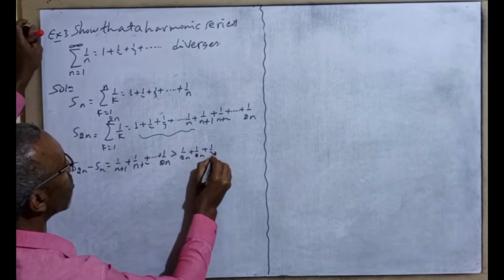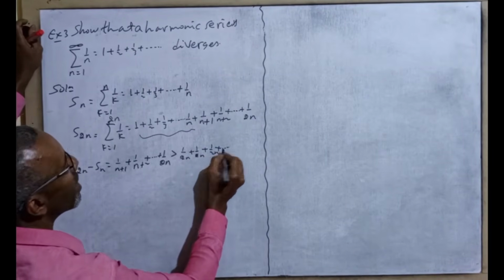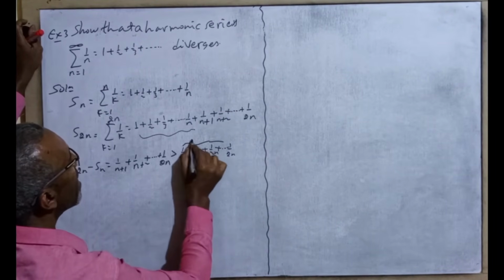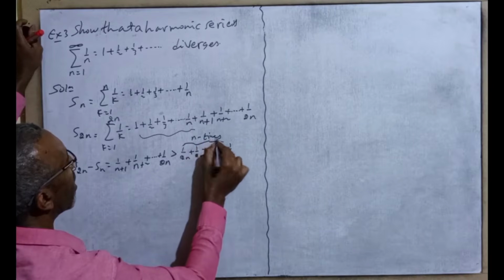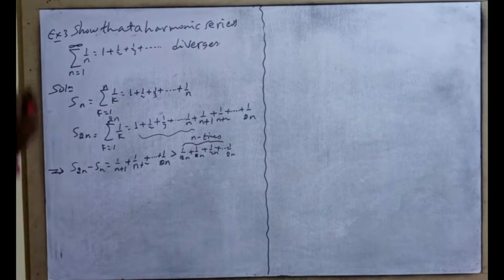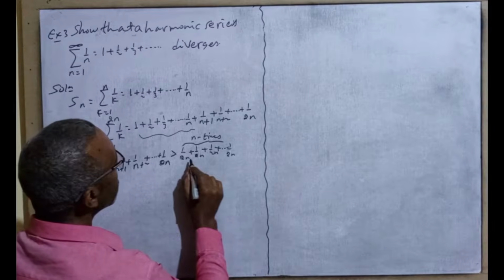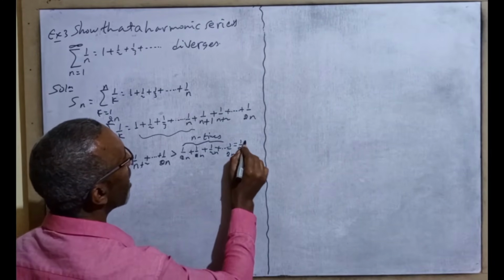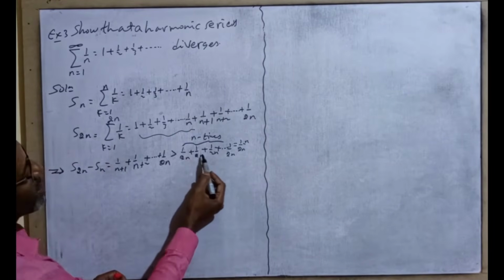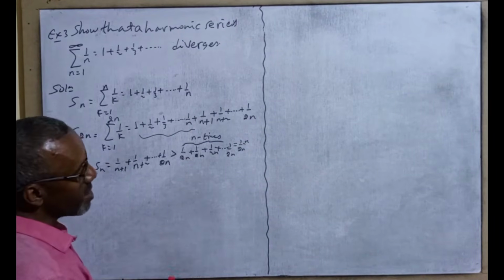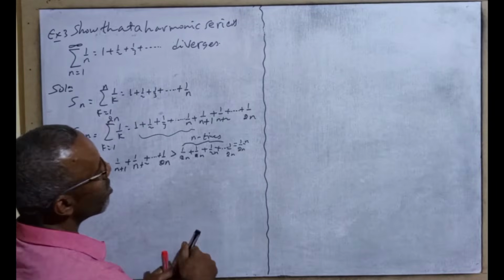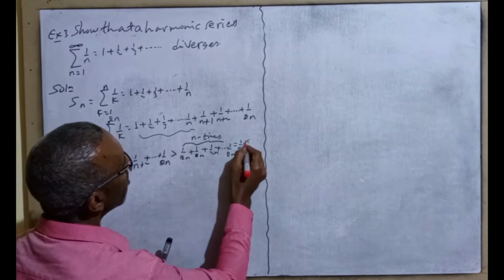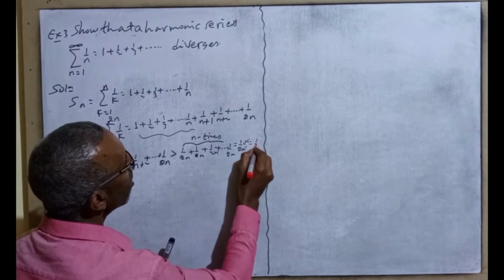plus 1 over 2n and so on, n times. This sum is 1 over 2n added n times, which is n times 1 over 2n. The n cancels with n, and what remains is 1 over 2.